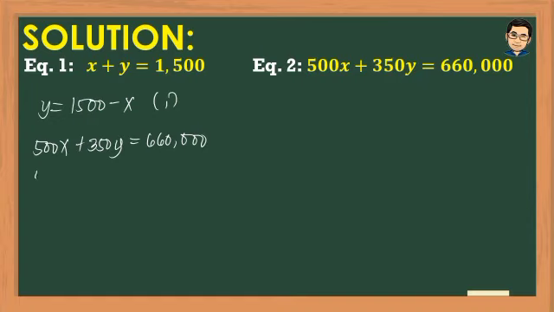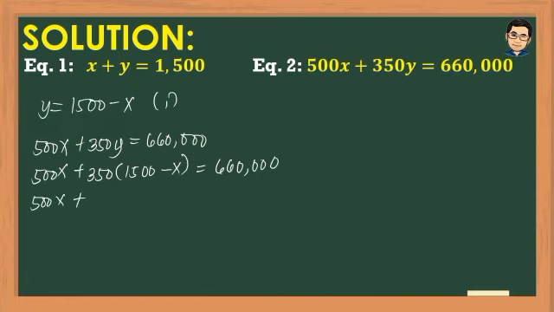Next, 500x plus 350 times 1,500 minus x equals 660,000. Next, 500x plus, so yung 350 i-distribute natin sa 1,500 minus x.